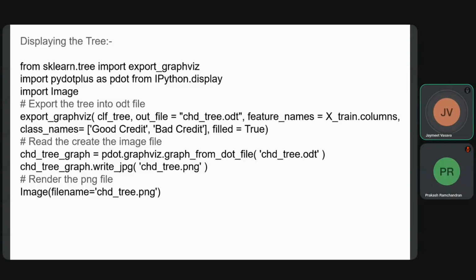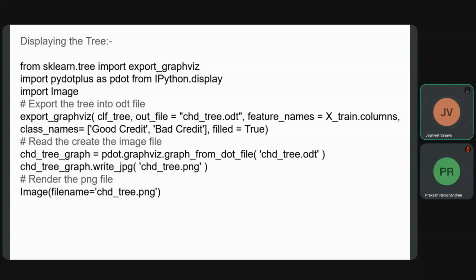The output file should be named as a credit tree.odt. ODT is the extension that will be used in order to convert that ODT file to the PNG file. Then the feature names are xtrain.columns, and the class names that we'll be using are good credit and bad credit.